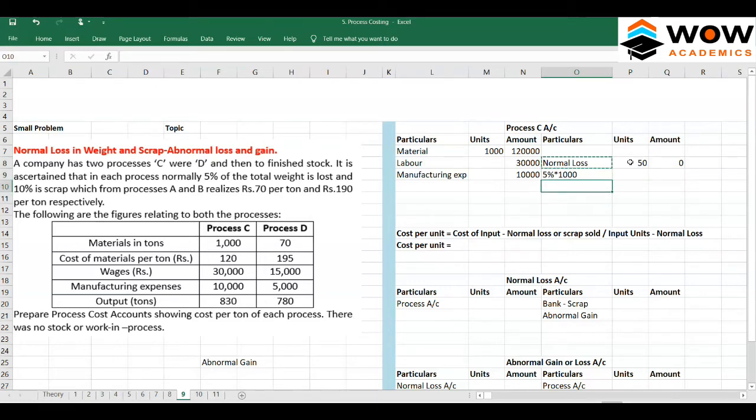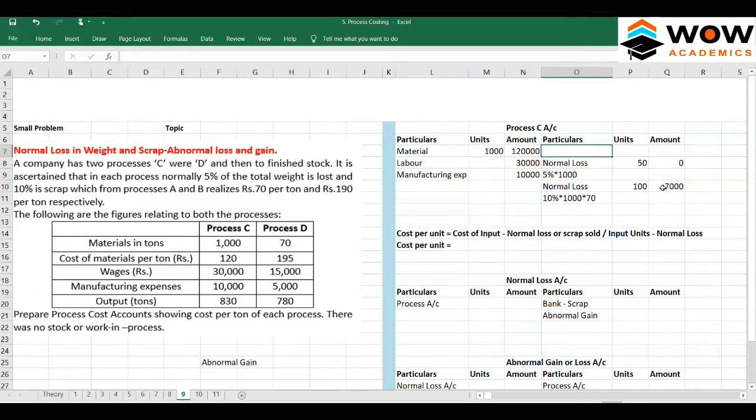So again we'll have a normal loss account, and this time the scrap is 10%, so it should be 100 here, and this could be sold at a price of 70 per ton. So this is the amount that you can realize.